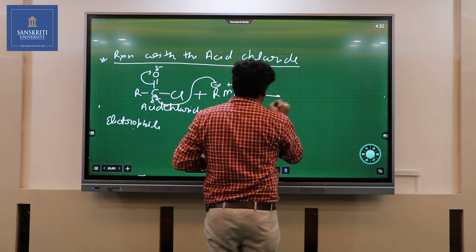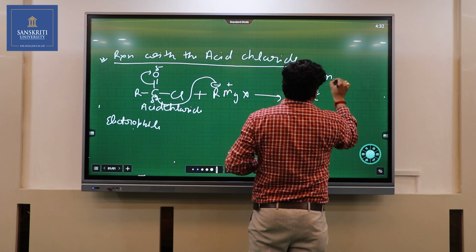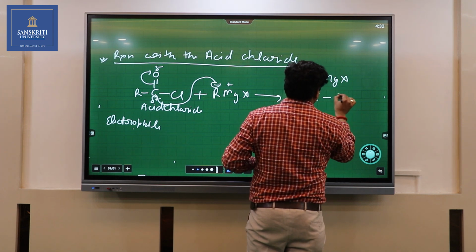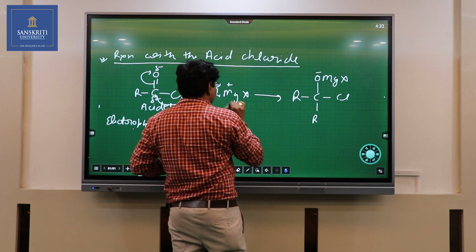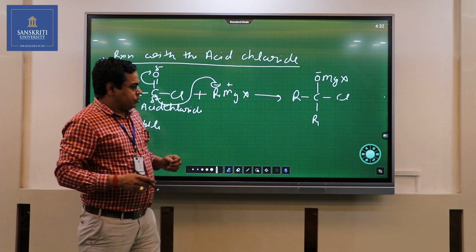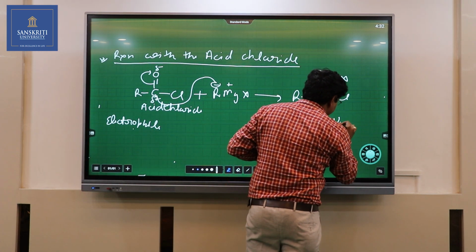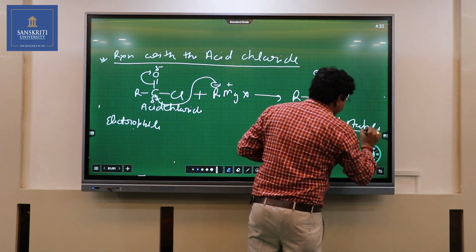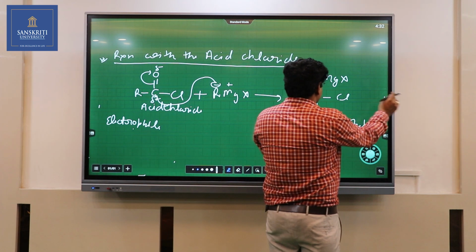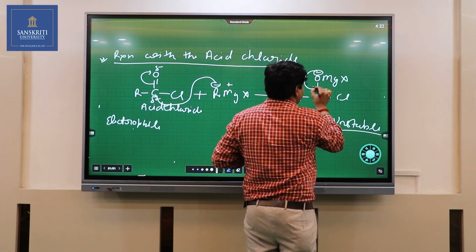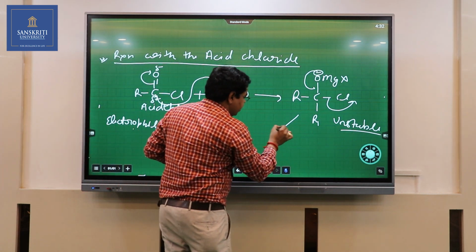After that we get an intermediate compound like R-O-MgX-Cl. As this is an unstable compound, it rearranges the electrons or bonds to attain stability, removing the chloride ion.